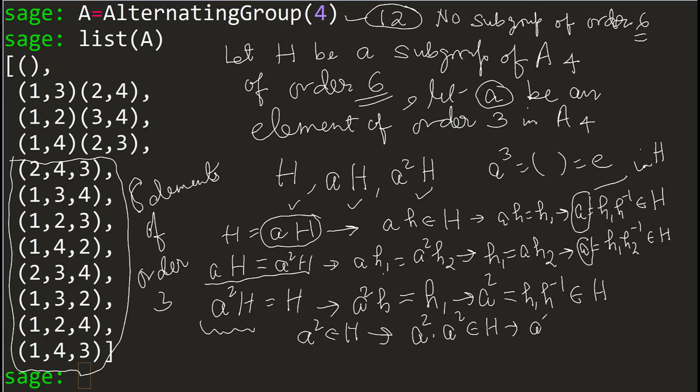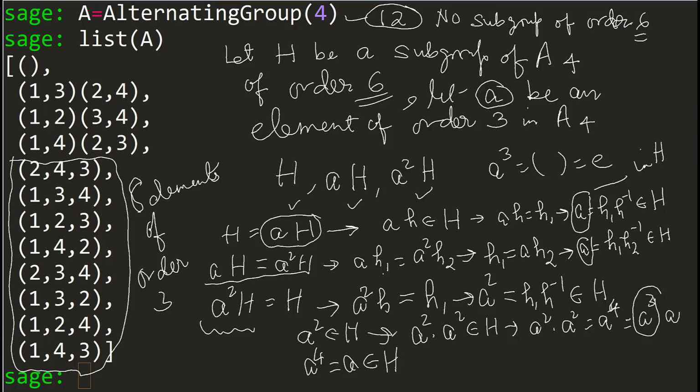And who is A squared times A squared? That's A to the 4, which is A cubed A. And who is A cubed? Order is 3, so A cubed is E, right? So we have A to the power 4 equals A, and that's in H.